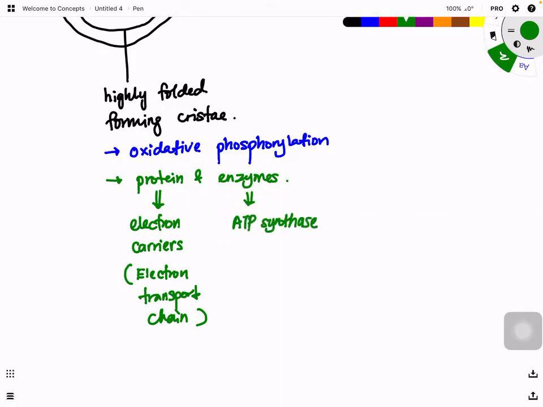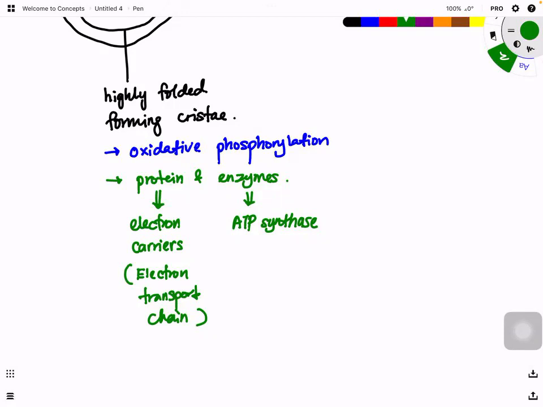Both this protein and enzyme are involved in oxidative phosphorylation. Now still remember when we talk about oxidative phosphorylation, we need to accumulate protons at the intermembrane space, right? Can you see that? To accumulate these protons at the intermembrane space, you need these electron carriers.